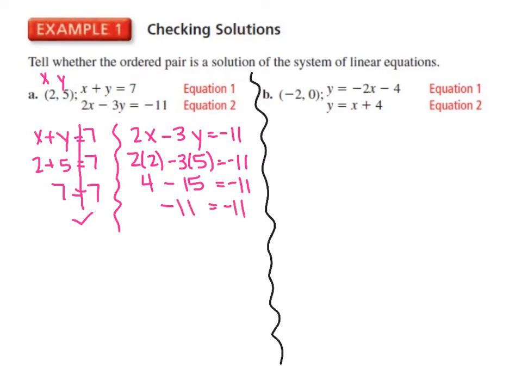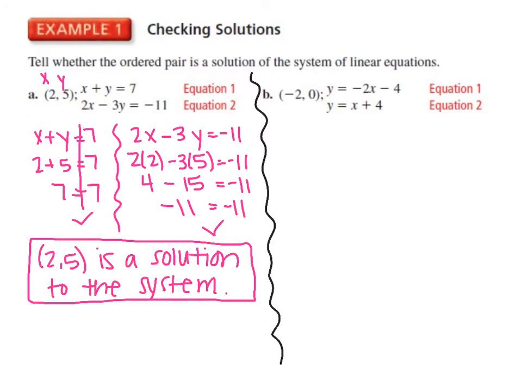So does negative 11 equal negative 11? Yes. If both of those were true, then we can say that the point (2, 5) is a solution to the system. So again, both of them were true. That means the point (2, 5) is a solution to that system.